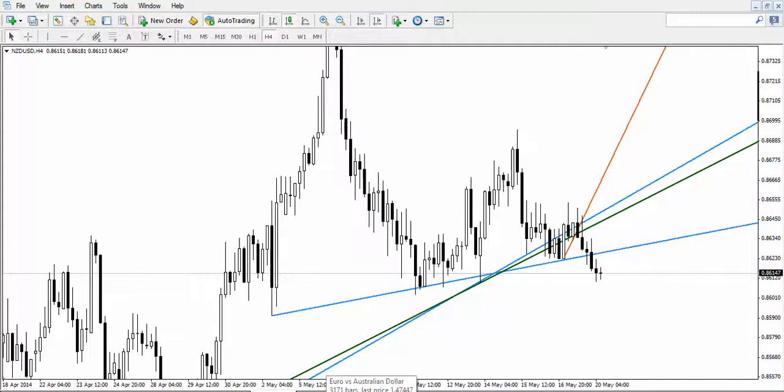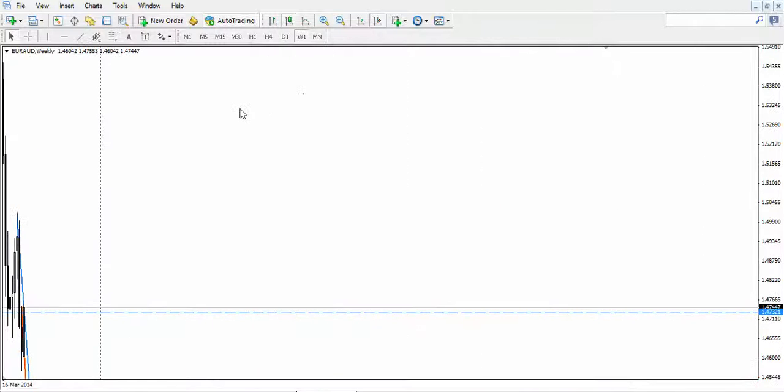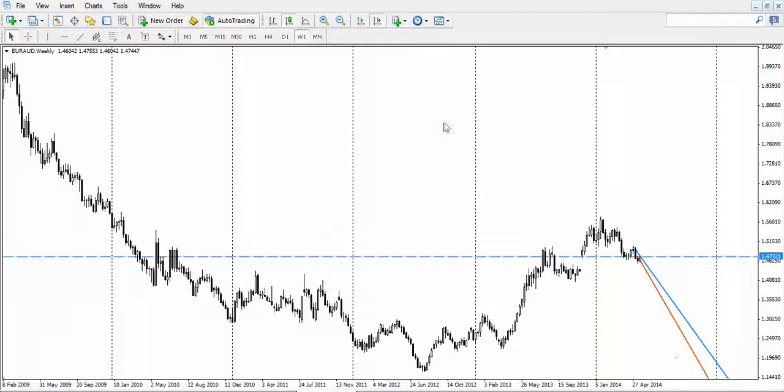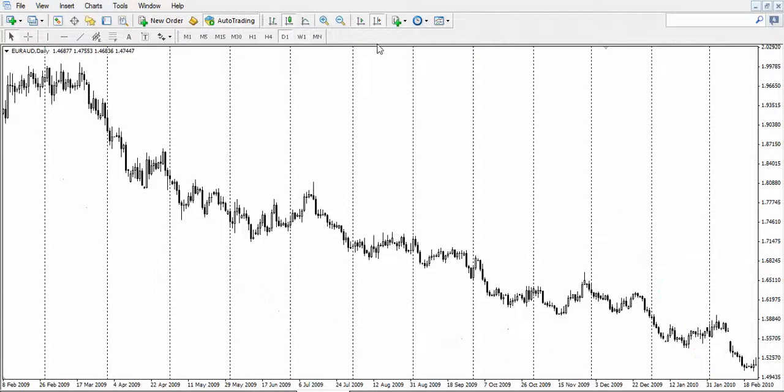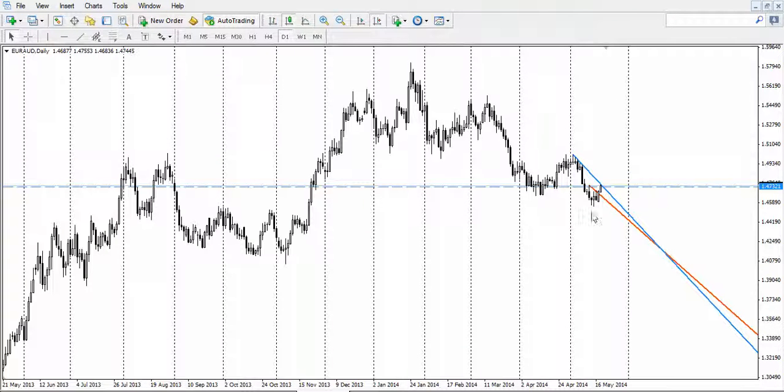The Euro Aussie now. I've had several positions on this over the last while. Looking at the daily chart, things are beginning to look a little bit bullish down here.